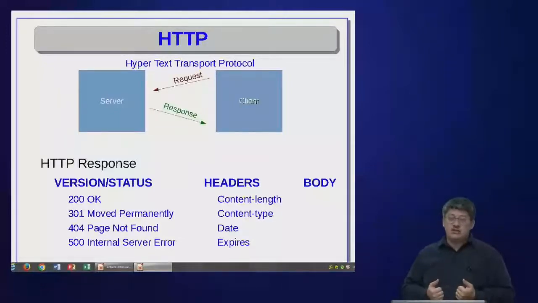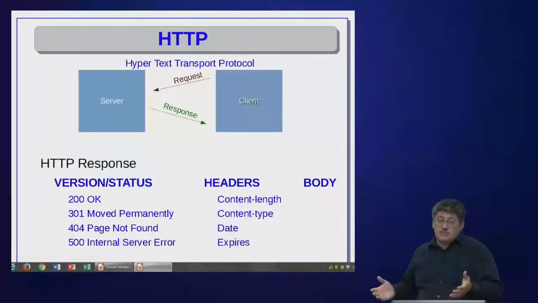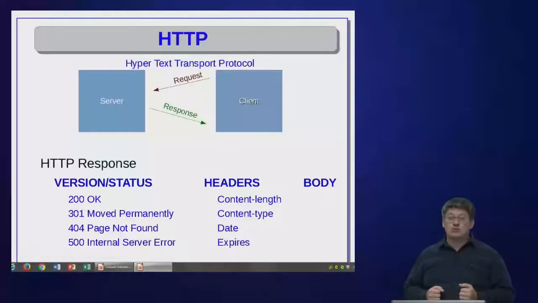And I haven't made any changes to marmerstein.org in the last few hours, so there's no point in downloading a second time and using all that network bandwidth and maybe some extra disk space. So what my browser will do is it'll look at that last modified date, and if the page hasn't changed since the last time it downloaded it, it'll just use the copy it already has in the cache.